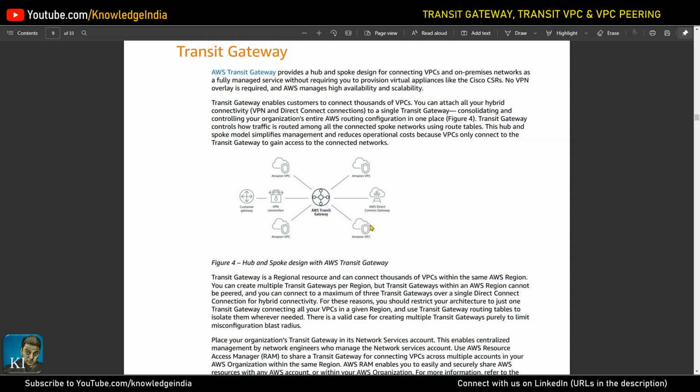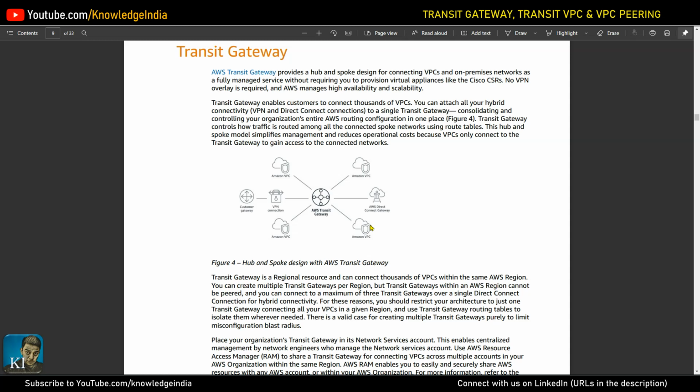Okay, now Transit Gateway is a regional resource, and when it was launched, it did not support peering, or you were not able to connect one Transit Gateway to another Transit Gateway via peering. But of course, AWS has solved that problem now.